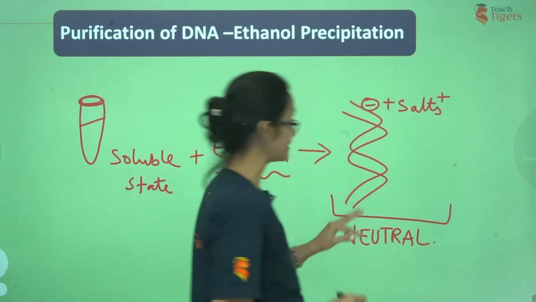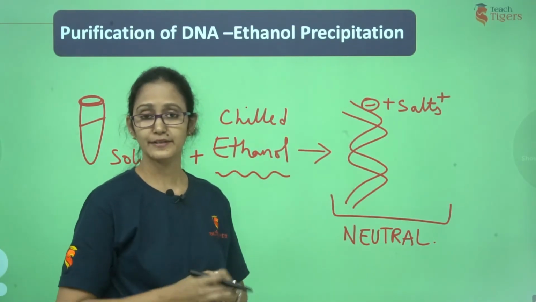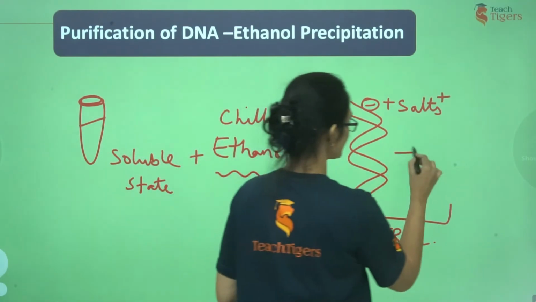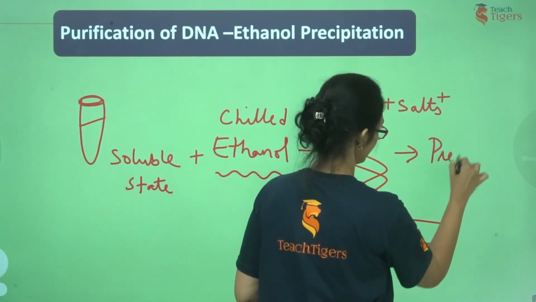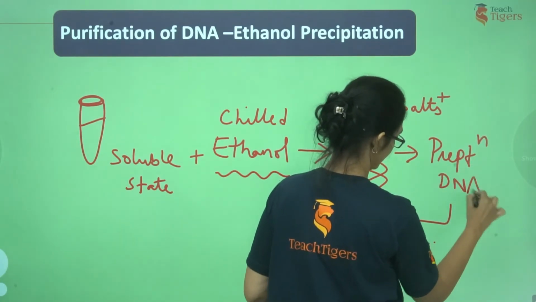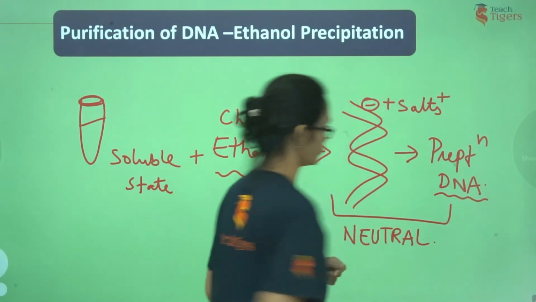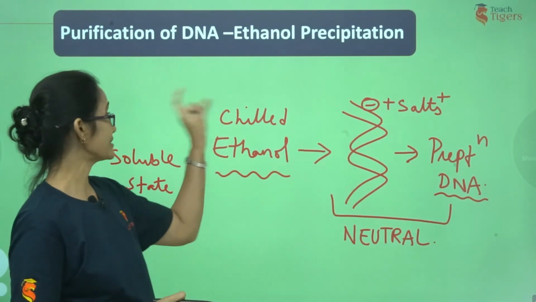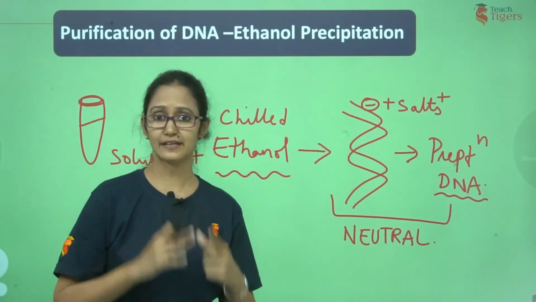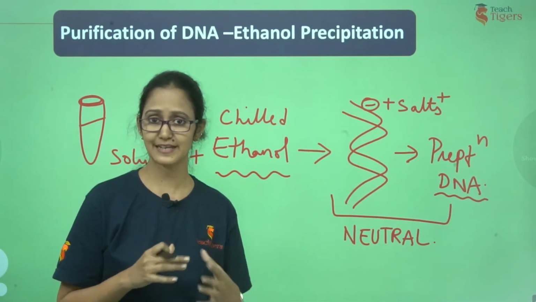Now once the DNA had become neutral, it can no more be in its soluble state, and this leads to precipitation of DNA. Yes? So the basic chemistry underlying this ethanol precipitation is very, very simple. DNA being negatively charged was quite soluble in the cell extract.